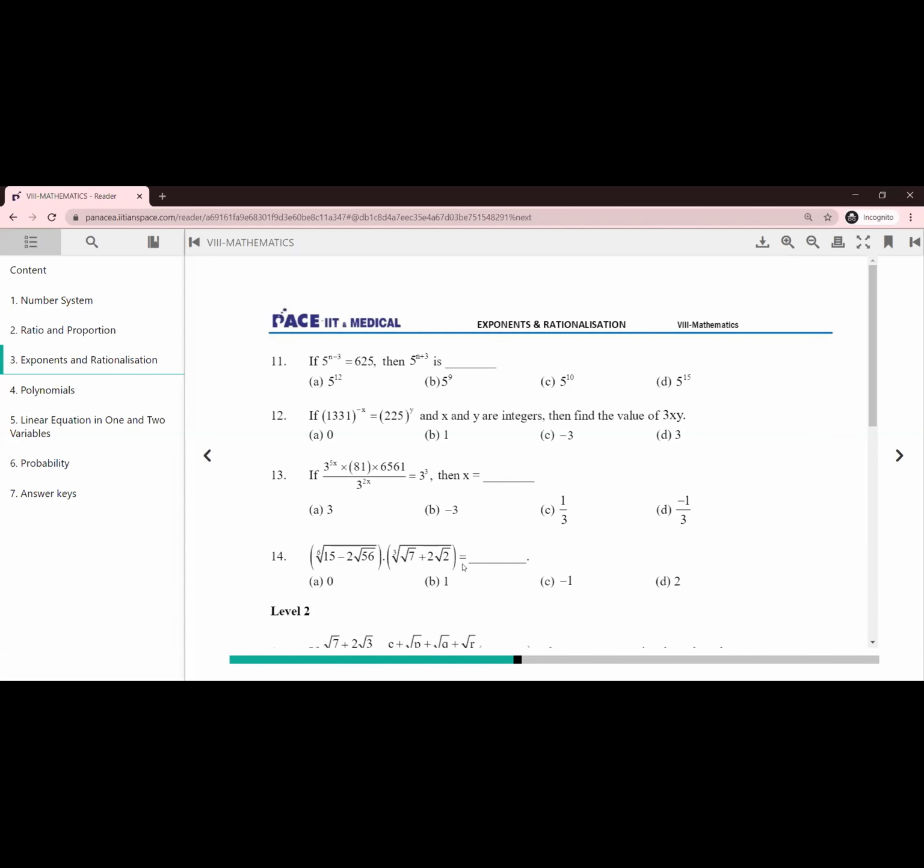I've solved this, but I just want to confirm. For the first part, 15 minus 2 root 6, you will complete the square. That is a basic hint. Just try it. Sir, I have done it in a different way actually. That's fine. Answer is 1. Yes, I got the same answer. Thank you, sir.